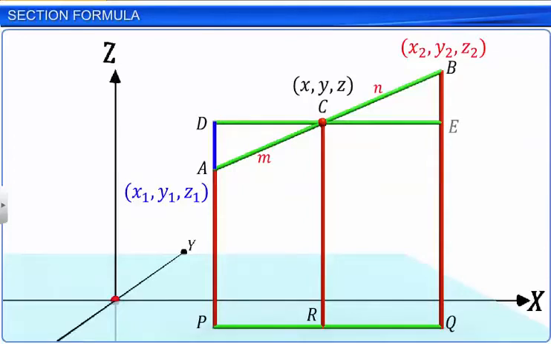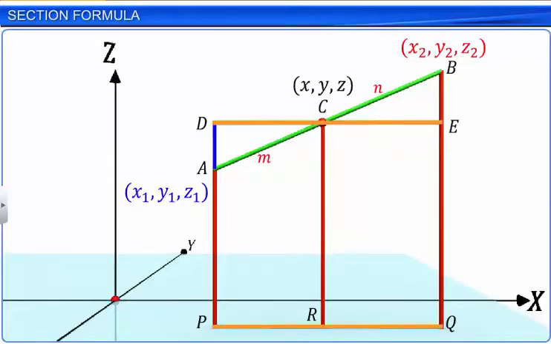We can observe that quadrilaterals DPRC and CRQE are parallelograms, since lines AP, CR, and EQ are parallel to each other, and lines DC parallel to PR and CE parallel to RQ are also parallel to each other.